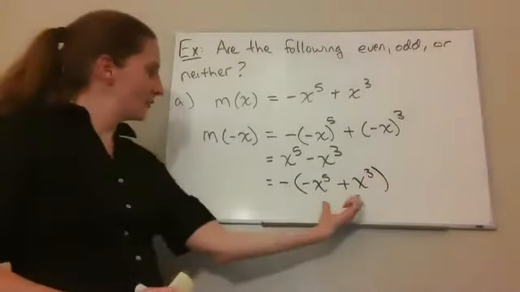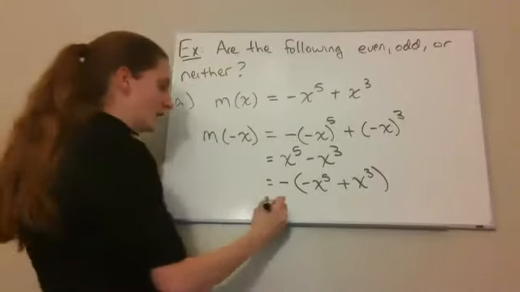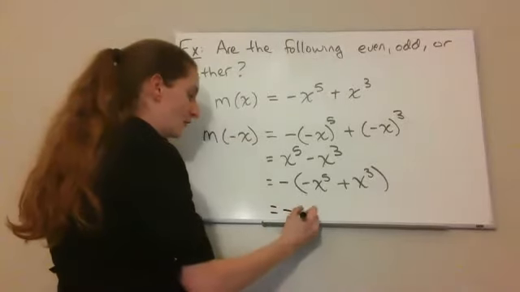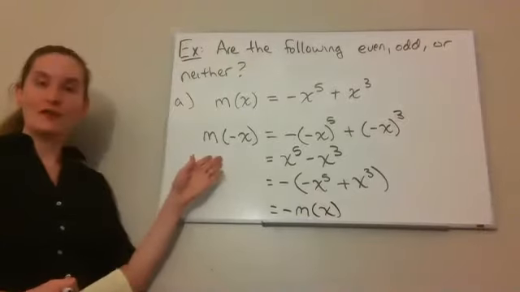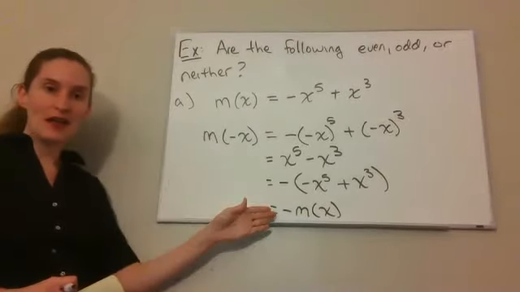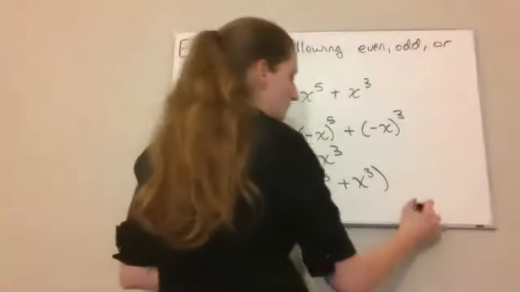And inside these parentheses here, I have my original function. So this is equal to negative m of x. So I got m of negative x equals negative m of x. This means it's an odd function.